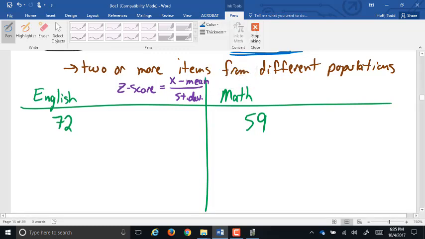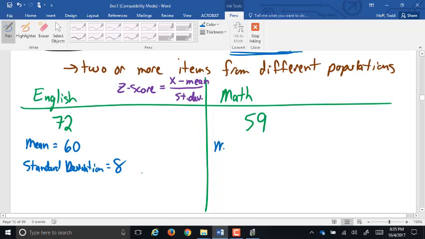So let's say that for the English test, the mean score of all people who took that test was 60, with a standard deviation of 8.